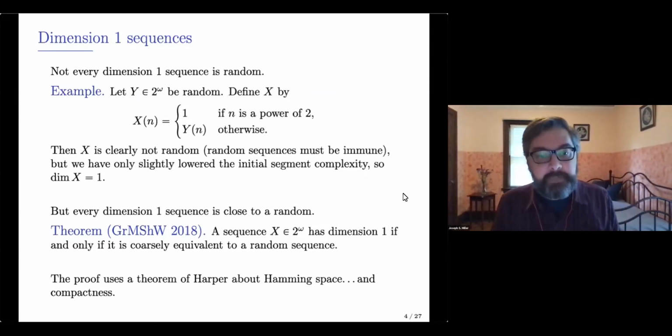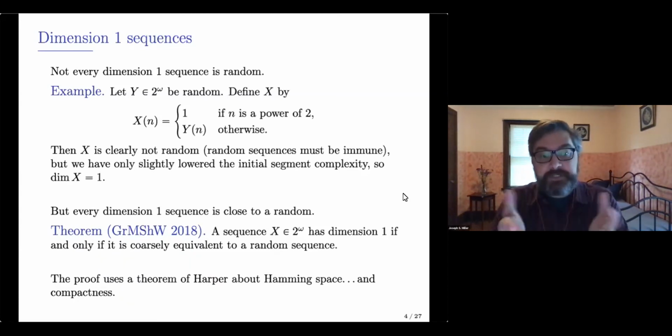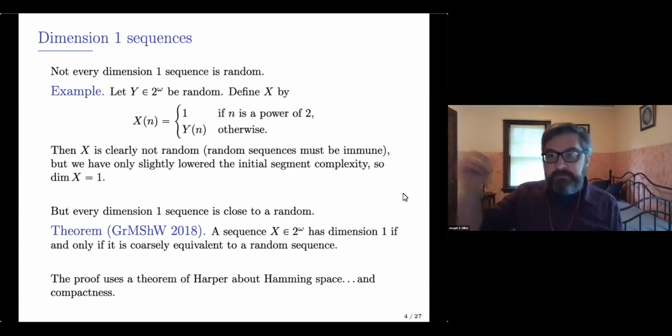Anyway, using Harper's theorem, you can prove the finite version of this, a version of this theorem for finite strings. And then you can't quite just use the greedy algorithm to blockwise use the finite version to get the infinite version, because the greedy construction would possibly run you into a dead end.